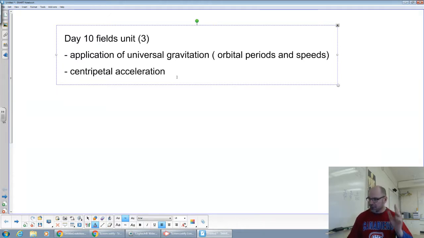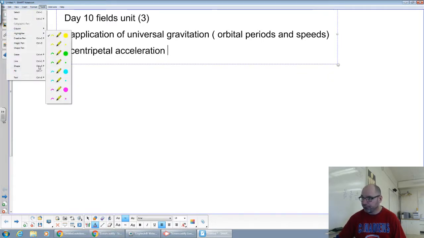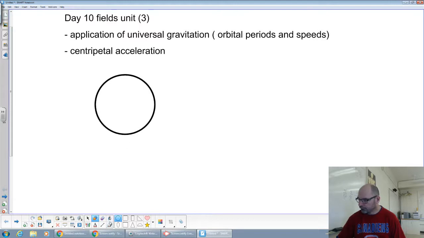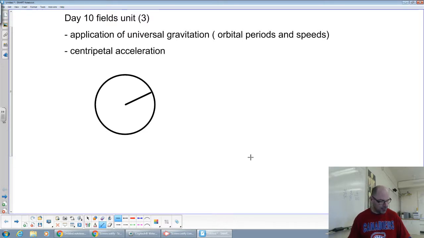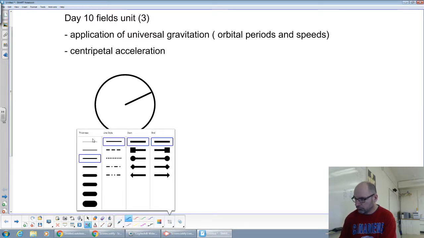So if we have an object in circular motion, let's get this off the ground by drawing the circle first.